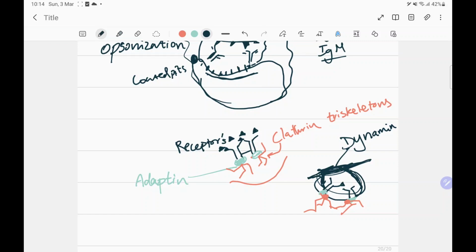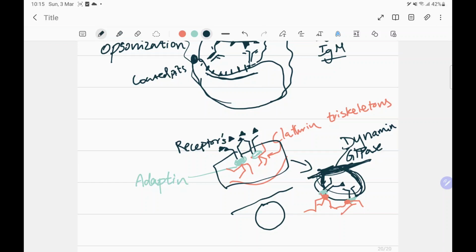Dynamin is a guanosine triphosphatase type of enzyme. It's a molecule with GTPase activity, so it uses GTP for its energy, and it breaks down the GTP molecule. So it's going to chop everything and make a nice little vesicle over here. So from this we get this.